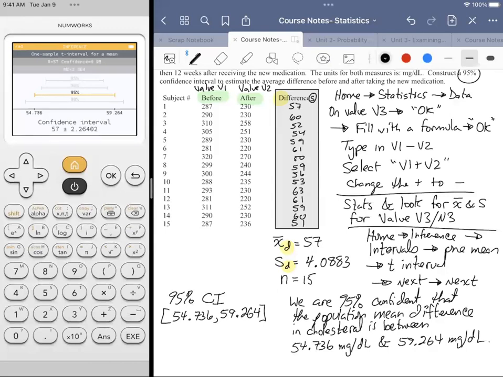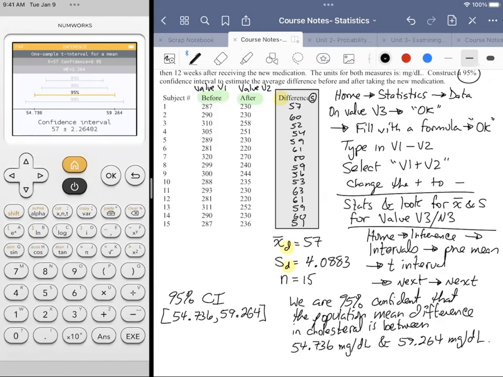If the before numbers are statistically significantly bigger than the after numbers, that's showing a decrease from before to after. You went from bigger to smaller. The difference between bigger and smaller should be positive. So that's showing at a statistically significant level of 95% that this medication must be effective.